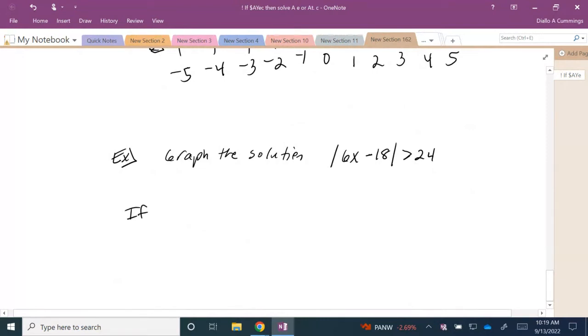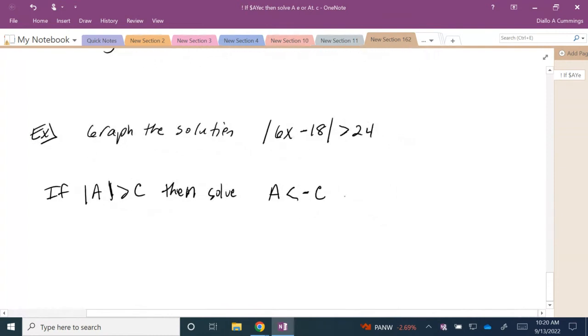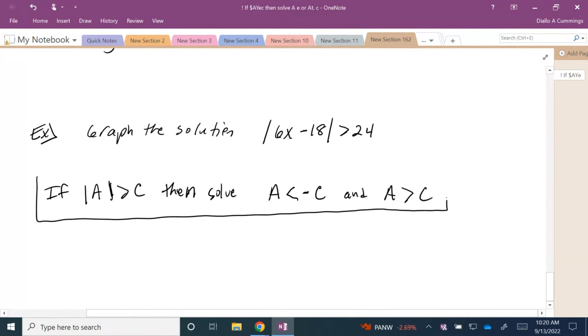I'm going to modify it a little bit since we're graphing. If the absolute value of A is greater than C, then solve A is less than negative C and A is greater than positive C. All right.